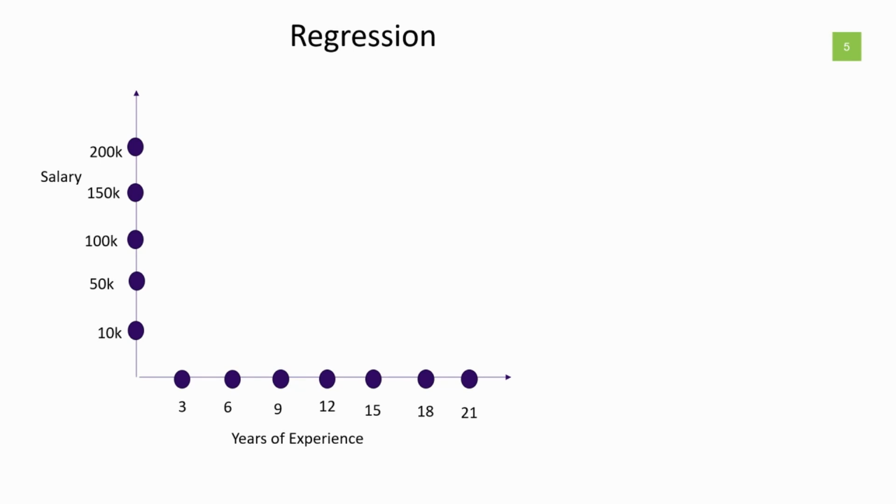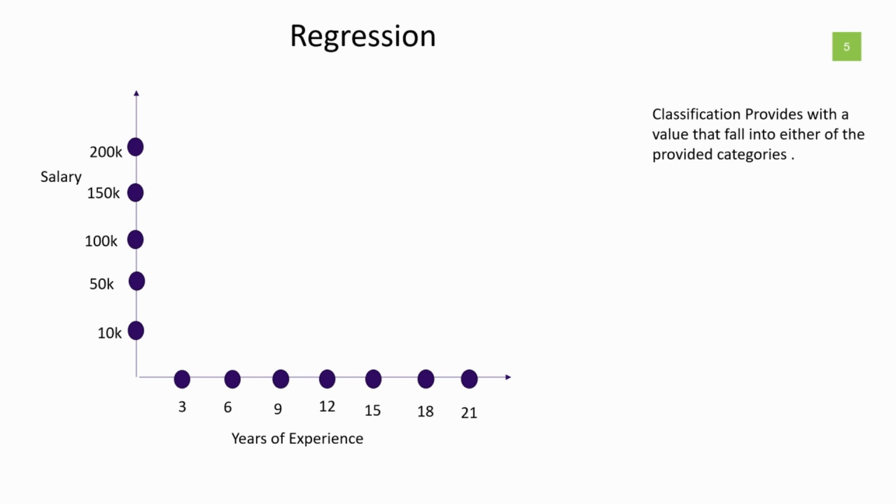So guys, let's next talk about regression. We just studied classification, right? In classification, it provides us with a result that falls into either of two categories. In our case, it was spam and ham.